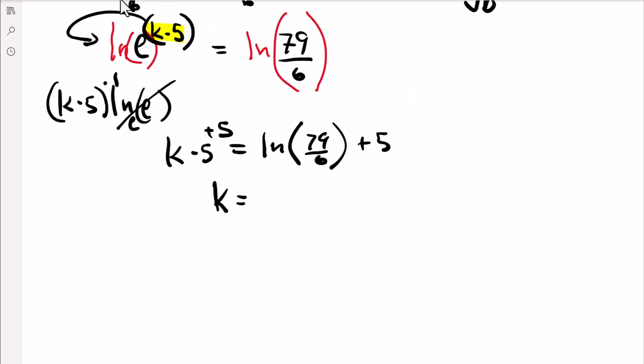So k is approximately, you're going to type in ln, it gives you left parentheses, 79 divided 6, close parentheses, plus 5, and we get about 7.5777.